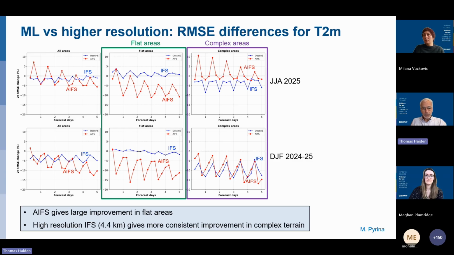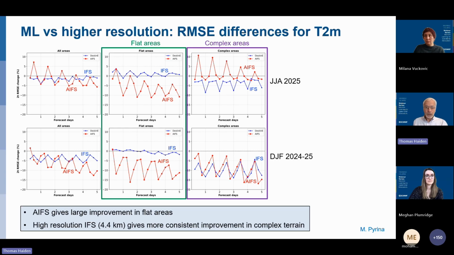And in these plots here, you can see the 0 line represents our operational 9-kilometer forecast, while the blue AIFS line represents the 4.4 kilometer experimental AIFS that is run in the Destiny project. And all the curves that are below the 0 line show improved forecast reduction of RMSE. And this is for 2-meter temperature in summer at the top and in winter at the bottom.